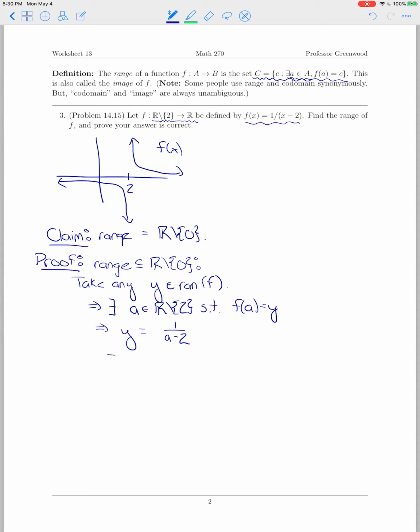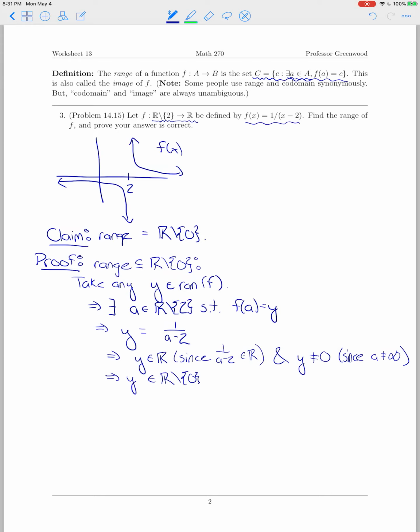We can conclude then that y is inside the reals, since 1 over a minus 2 is inside the reals, and y is not equal to 0 since a is not equal to infinity, essentially. That implies, in turn, that y is inside the reals minus 0, which is what we wanted to show.